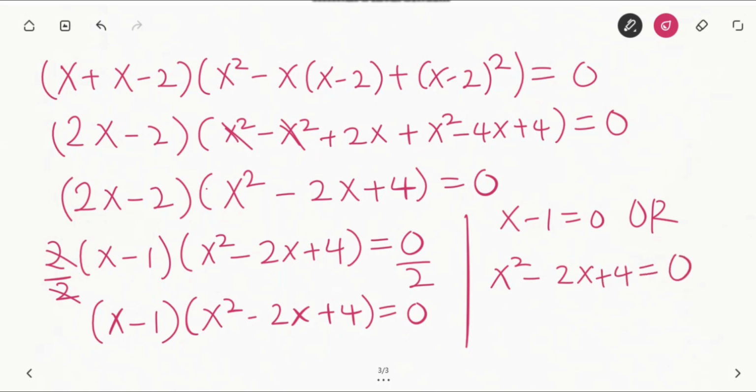So we have the first solution, x equals 1.